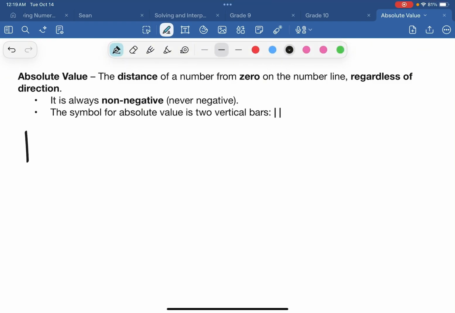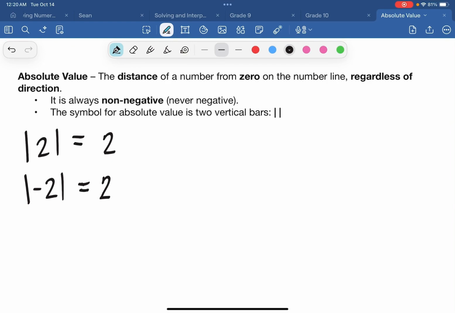We have the absolute value of 2 and the absolute value of -2. The absolute value of 2 is 2, because again, the absolute value of a number should be non-negative or positive. So that means the absolute value of -2 here will be +2.